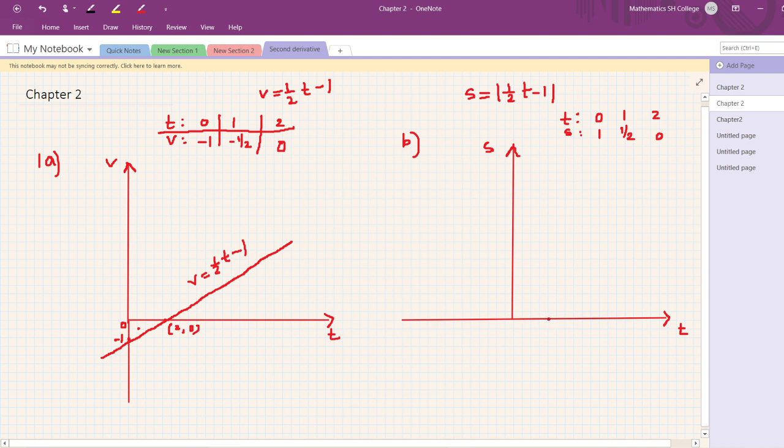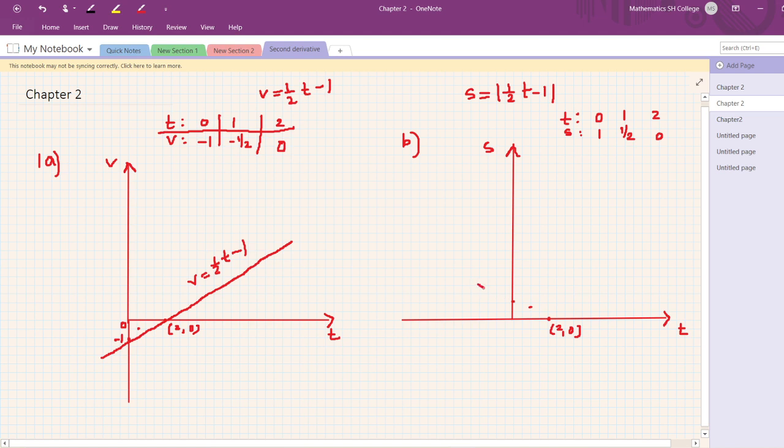So suppose this is the point (2, 0). Then we have the point: when t equal to 0, S is 1. So this is the point 1. When t equal to 1, it is half, so it will be somewhere here.